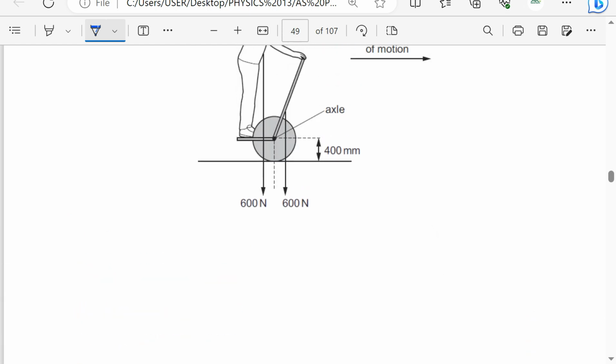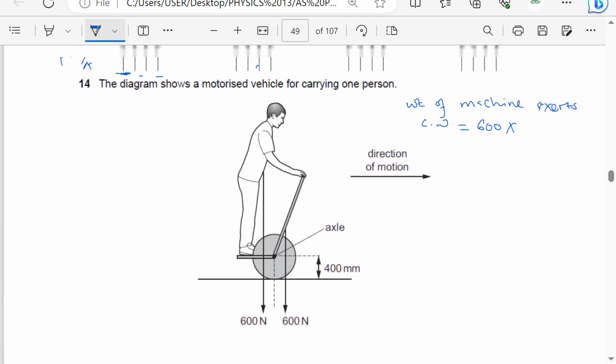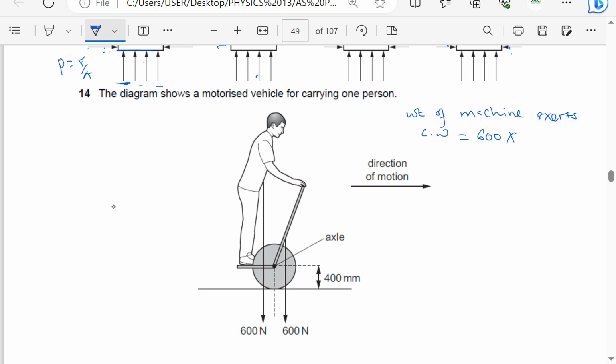So I'm going to take moments about the axle. So this is 600 times 200 millimeters. I will not change the units. I'll just say 200. So the answer is going to be in newton millimeters.